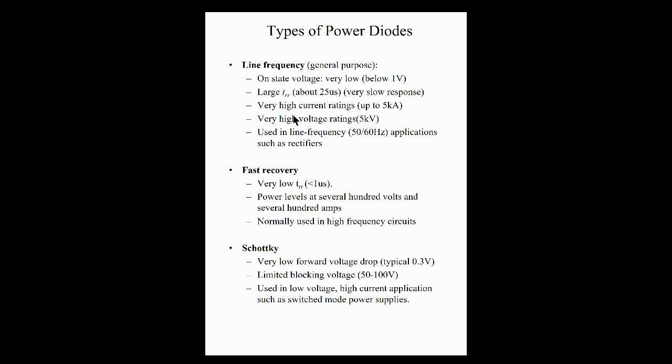However, if we look at the current rating, it can go as high as 5 kiloampere, and it has a very high voltage rating, as high as 5 kilovolts, right? So this can be used in applications that require rectifications, right?